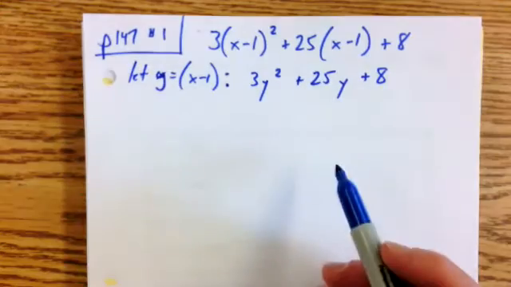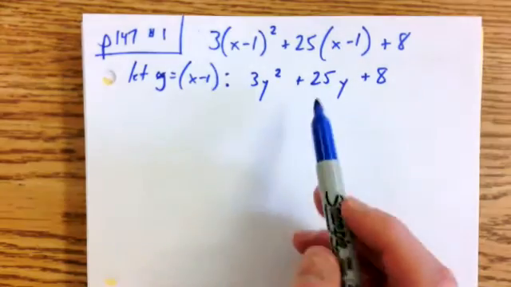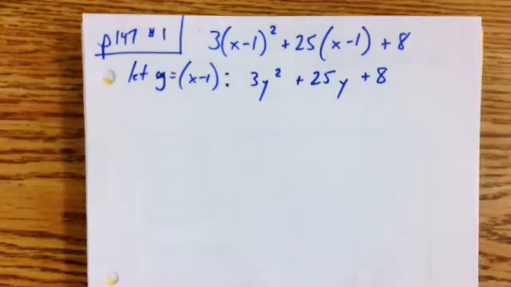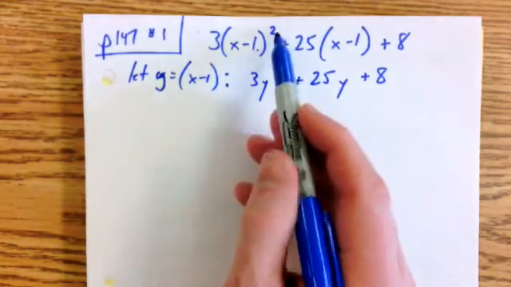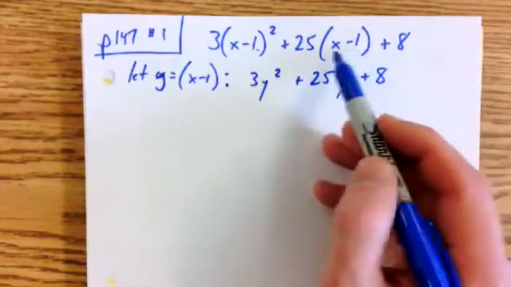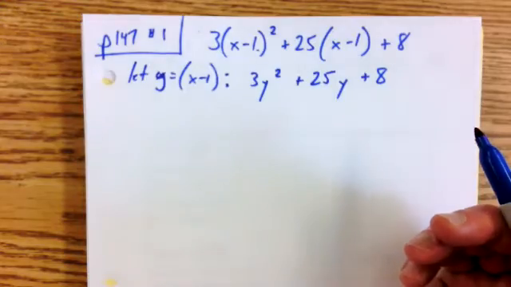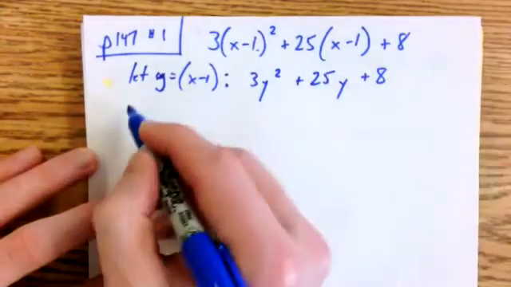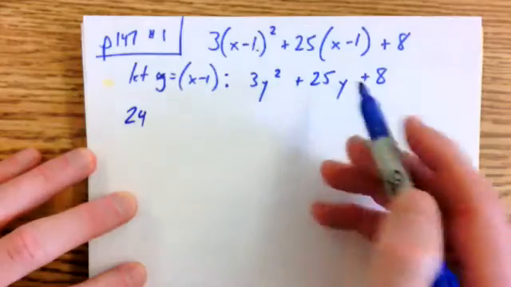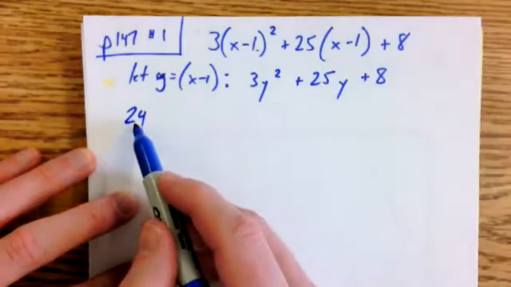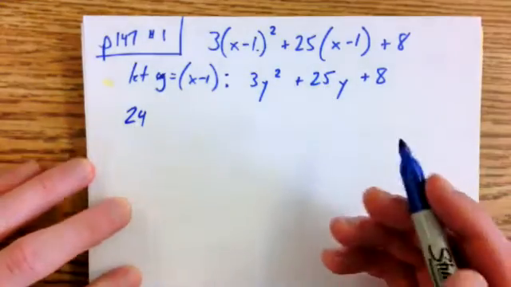I'm sure you guys are pretty comfortable with factoring now, but I'm going to keep going just to let you know what we do when we get to that. Everywhere there's an x minus 1, we put a y. This x minus 1 is squared, so this y is squared. This is just x minus 1, so this is just y. 3 times 8 is 24. We have 2 positive signs, so the numbers are going to add up. 2 factors of 24 that add up to 25.